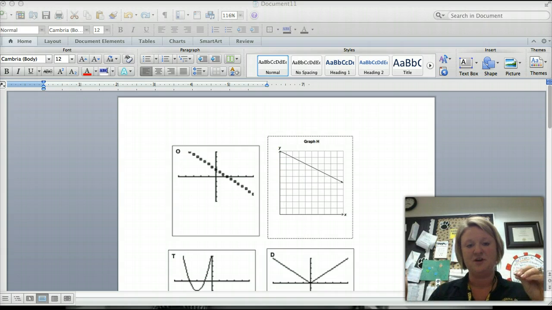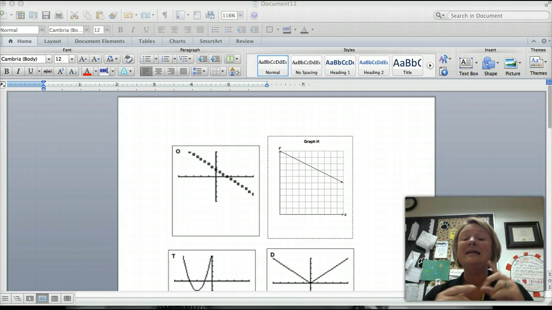Time still goes because time is independent, but her distance, the dependent, is going to stop, and then she's going to keep going. So that's what we did yesterday. We matched graphs with problem situations and labeled their independent and dependent.